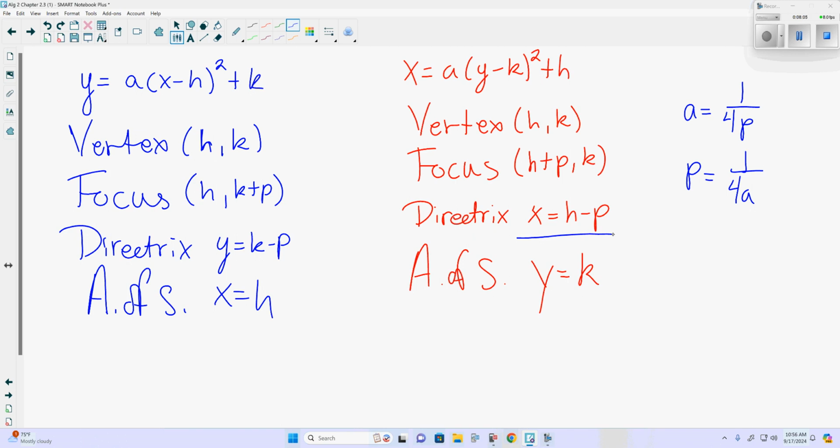It specifically has what? X equals. Our other directrix is an equation also, but it has y equals k minus p. H minus p, k minus p is just going to be a number, but both of them start off as either x equals or y equals, yes?